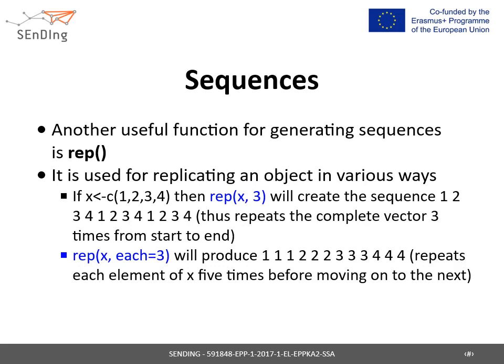It thus repeats the complete vector 3 times from start to end. rep(x, each=3) will produce 1, 1, 1, 2, 2, 2, 3, 3, 3, 4, 4, and 4. In other words, it repeats each element of x 3 times before moving on to the next.